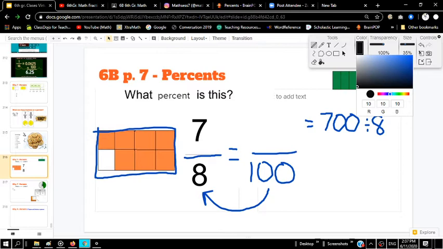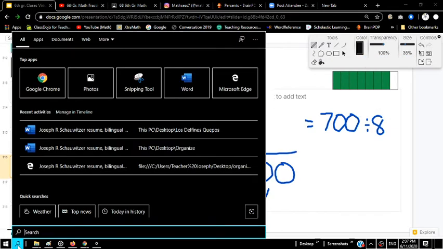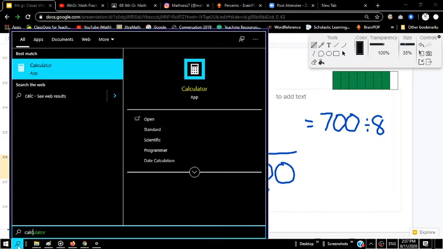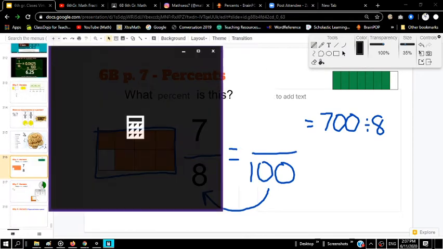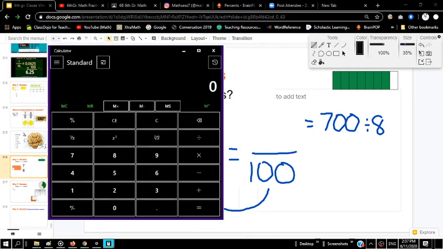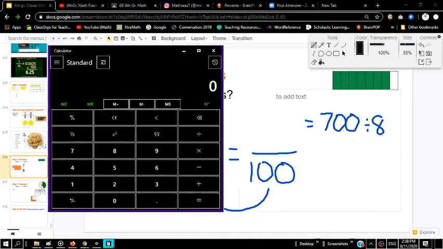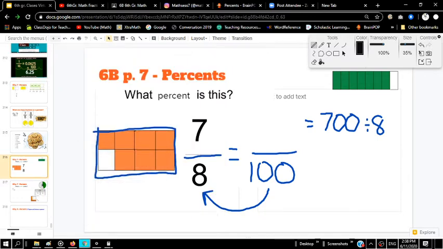If we take 700 divided by 8, and I'll just use my calculator so that we can go a little bit quicker on this. You can take 700 divided by 8. 700 divided by 8 equals 87.5. If I wanted to divide that out, I could do the same thing. That's fine as well.